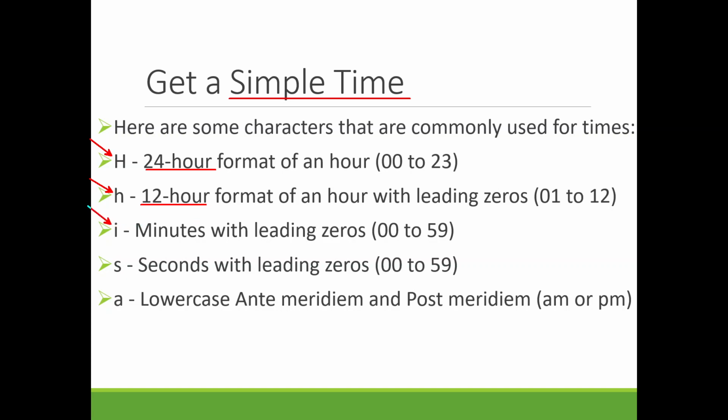Then lowercase i is for minutes, s for seconds, and A, for example, is for AM or PM. I'm not sure how many of you knew that AM is ante-meridian, while PM is post-meridian.